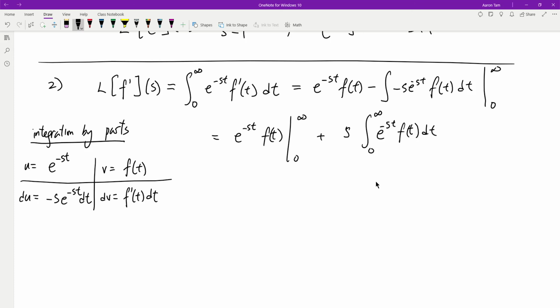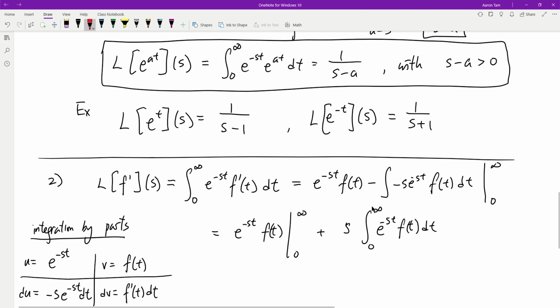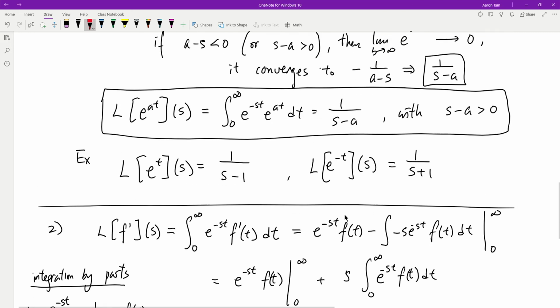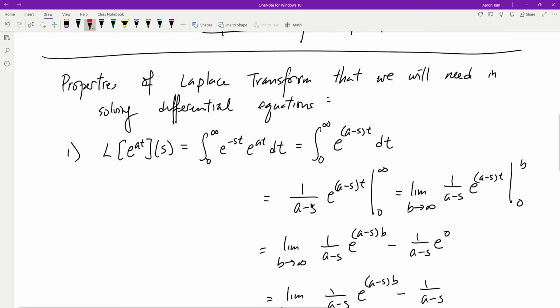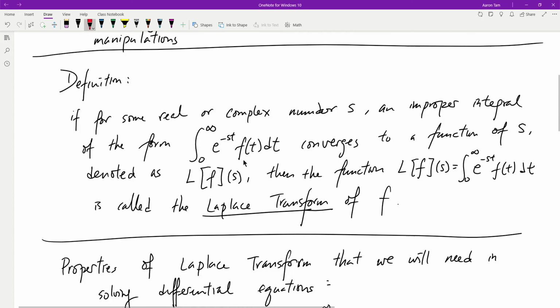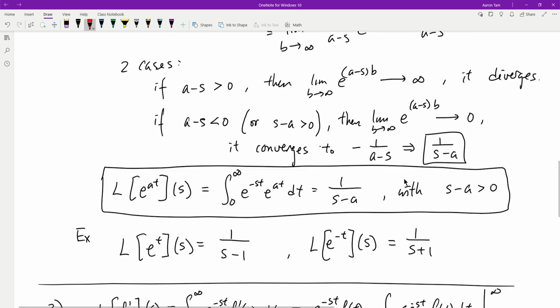So you might be thinking, how do we figure this out? It looks like this is another integral right here, right? And you're correct. There is another integral right here, e to the negative st f of t dt, integral from 0 to infinity. But if you think about it, I actually know what that is. Because that integral from 0 to infinity of e to the negative st f of t, we actually define to be the Laplace transform of f.